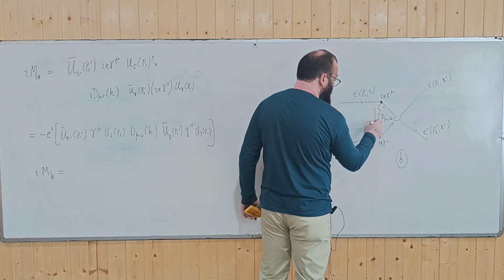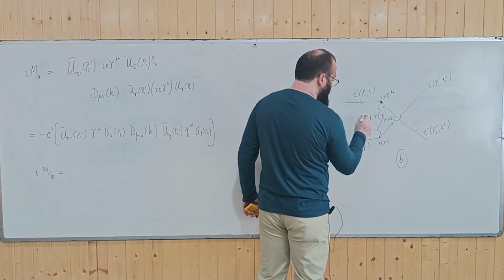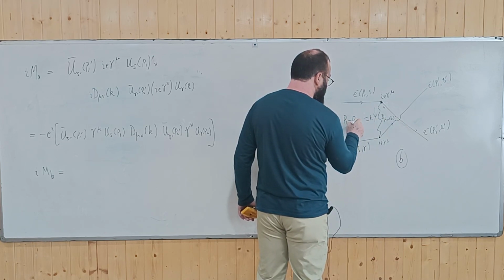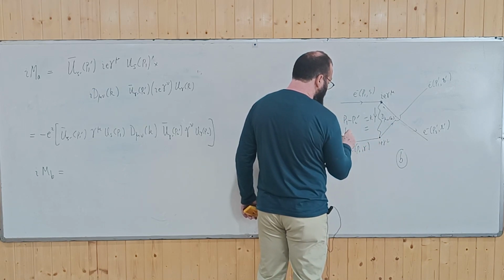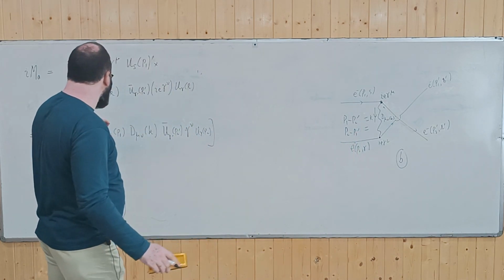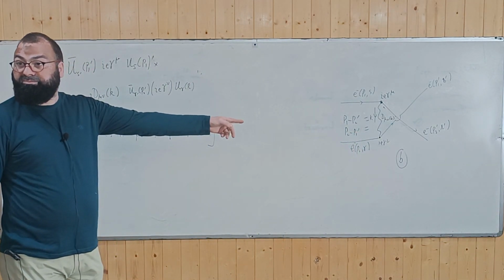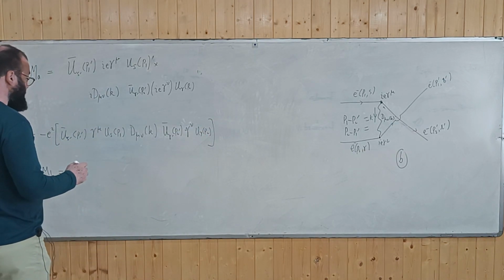What is this K now? If this is the direction of K, K is P1 minus P2 prime. That is the same as P2 minus P1 prime. Now if you look at the formulas, it is simply the exchange of the momentum. Got it? Okay, so let's write now the Feynman amplitude.